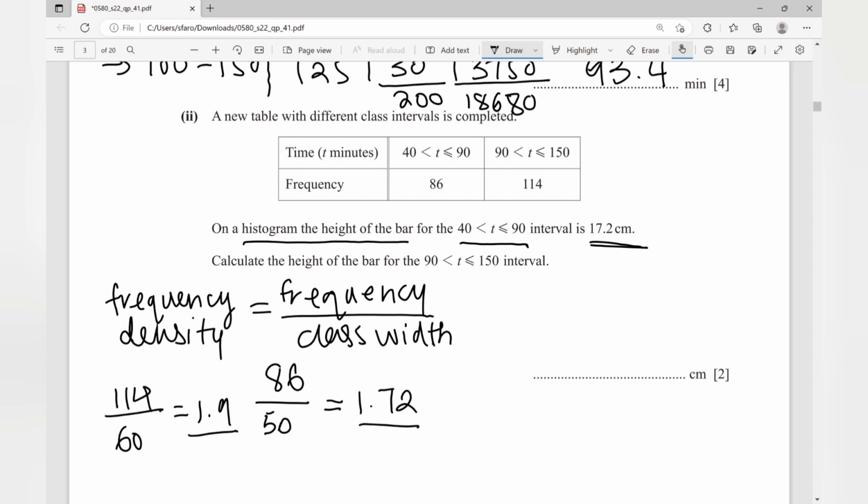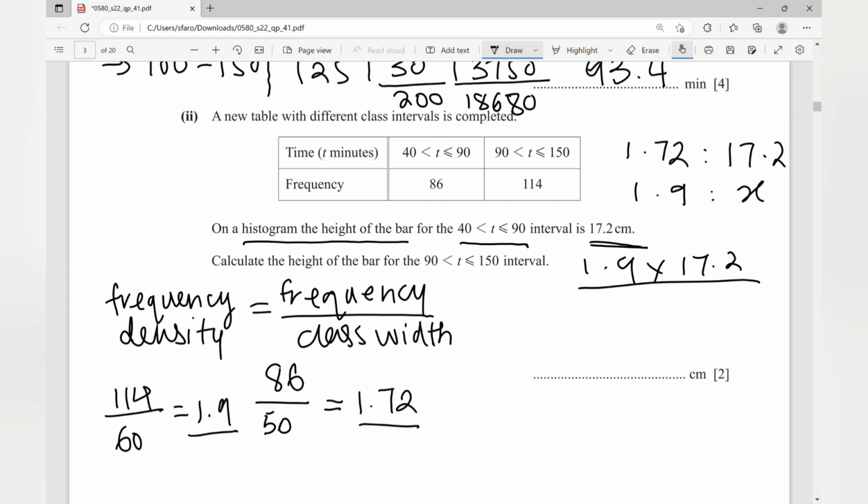Or to understand this, you could also write 1.72 and 17.2. So 1.9 should be what? Then cross multiply: 1.9 multiplied by 17.2 divided by 1.72, and this will give us 19.